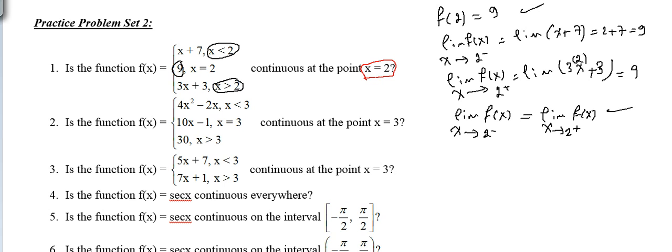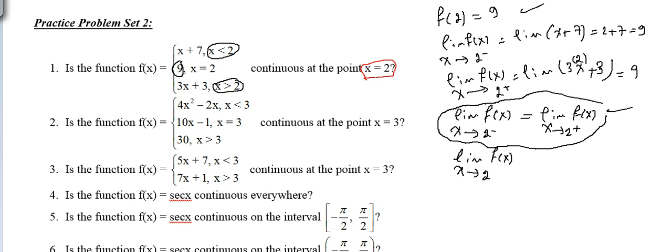Still the third condition. The third condition says the limit of f of x as x approaches 2, which exists since both one-sided limits are equal, because they are equal to 9.